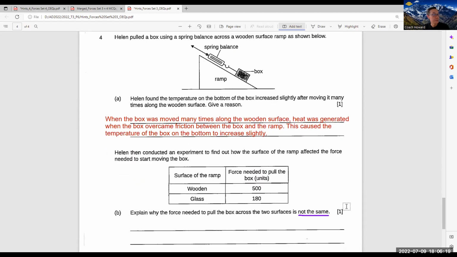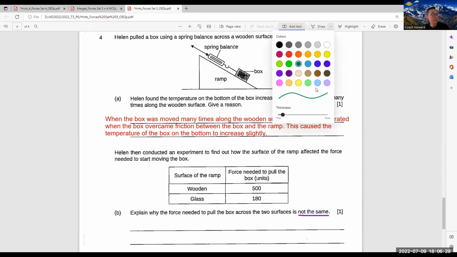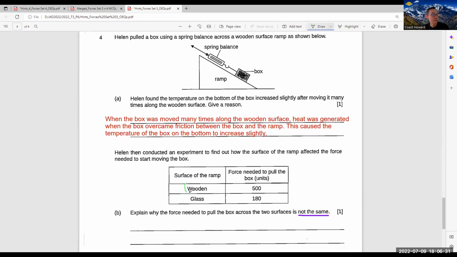Okay, and the last question: explain why the force needed to pull the box across the two surfaces is not the same. Okay, because you know that wood is rougher than glass. So that's why higher force is needed. So you must mention the wooden surface is rougher than the glass surface.